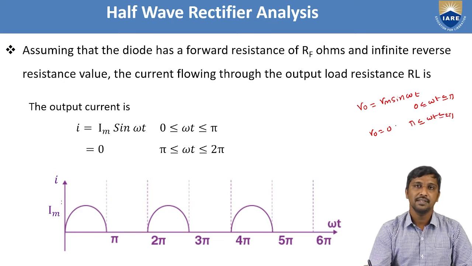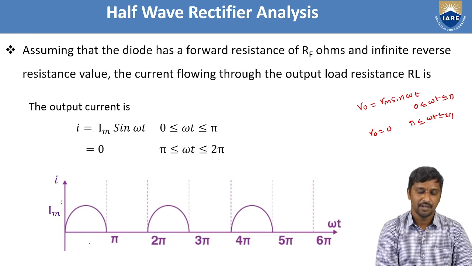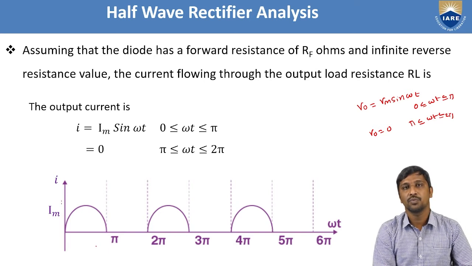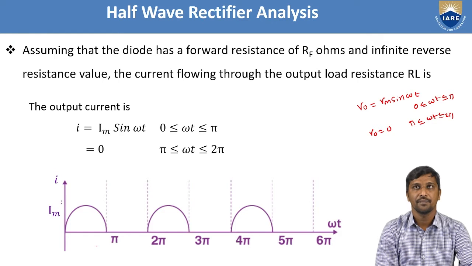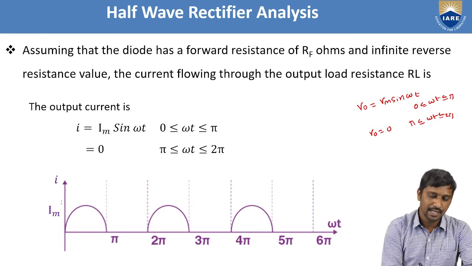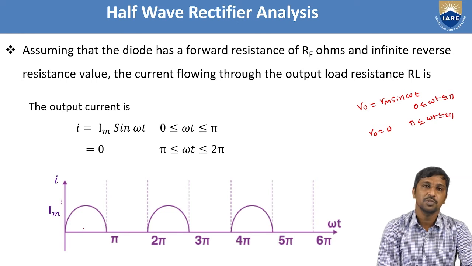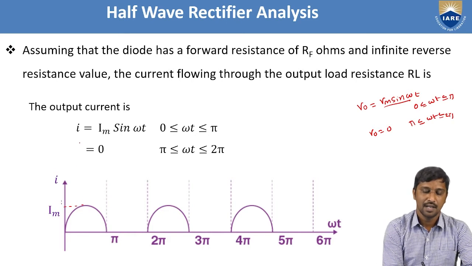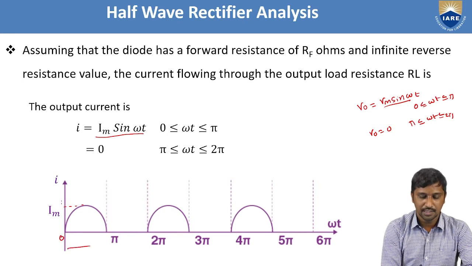Similarly, according to Ohm's law, with the load resistance constant, I drew the response of the peak current, showing how much current is flowing through the rectification circuit. I is directly proportional to the output voltage, with the magnitude Vm sine omega t. Hence the current magnitude is represented as Im, and I is represented as Im sine omega t for the duration 0 to pi.